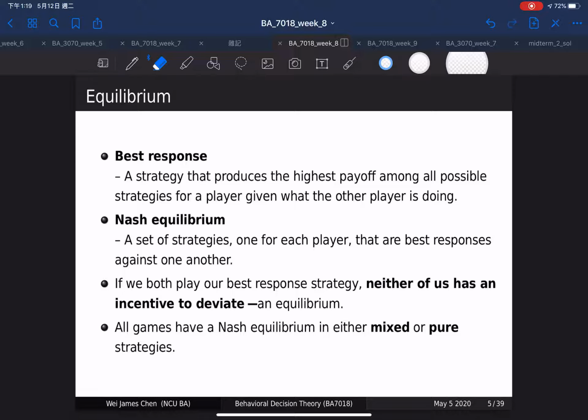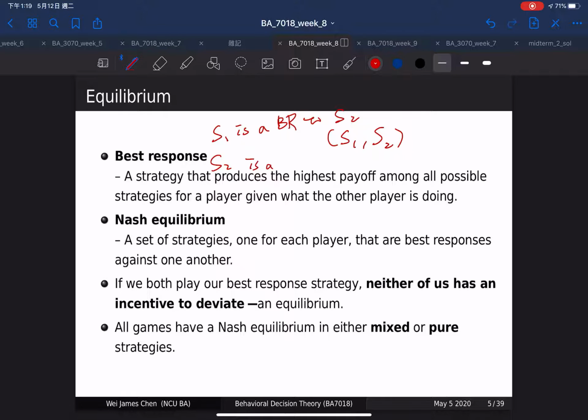So the first player used strategy 1, the second player used strategy 2, and strategy 1 is a best response to strategy 2, and strategy 2 is a best response to strategy 1. That's the definition of Nash equilibrium.